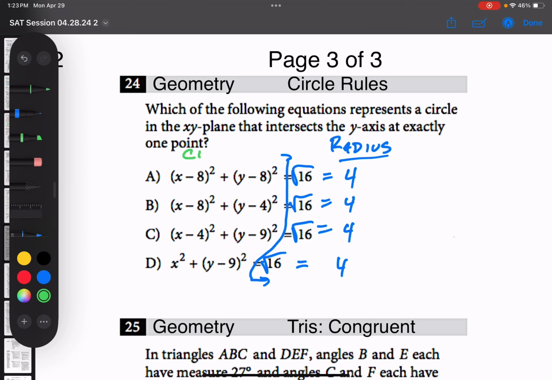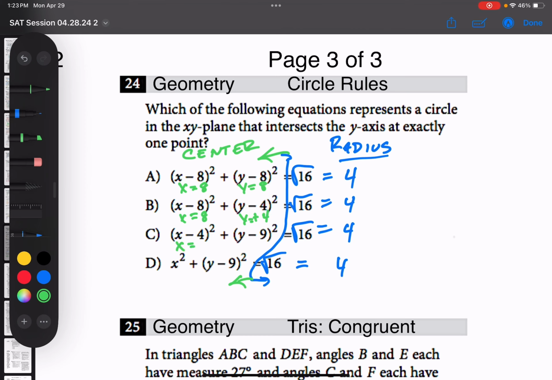Now, the center coordinates are on the left-hand side of the equation. So the center coordinates, your x and y coordinates for the center, see how this is x minus 8? Set it to equal 0. If you set it to equal 0, then x equals a positive 8, and y would equal a positive 8 when you set y minus 8 to equal 0. This guy will also be a positive 8, and this guy is going to be a positive 4.